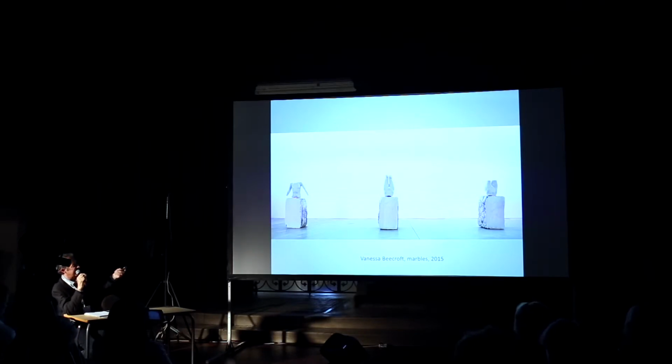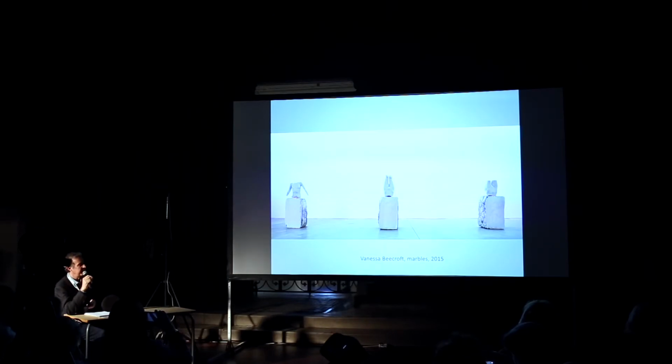But here, some years ago, she started to move to still working on performance, but also working now on sculptures. And these sculptures are the fragments of bodies of her performance models, which are clearly questioning gender, sexuality, and power.